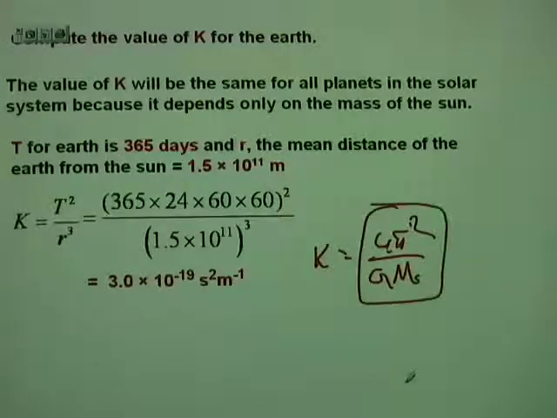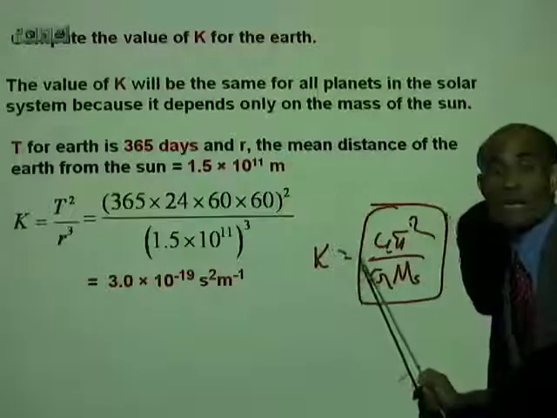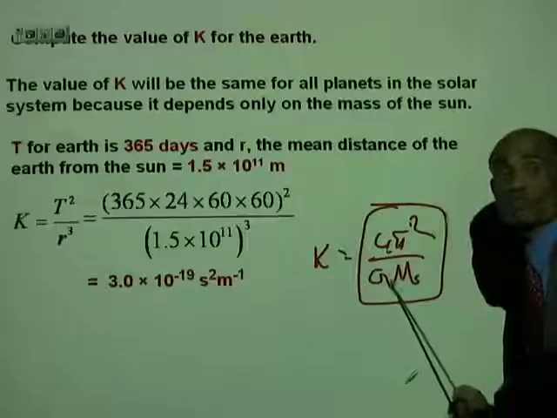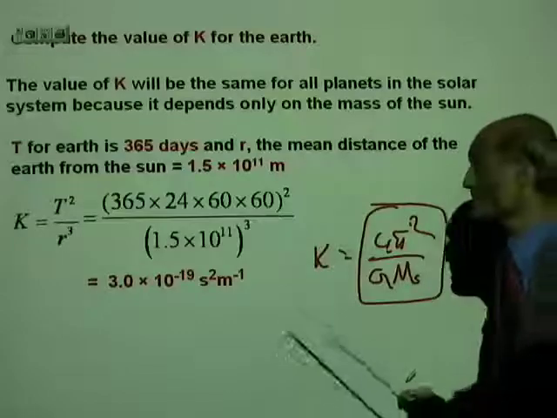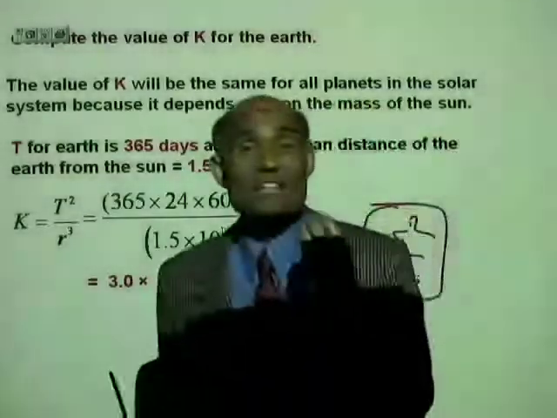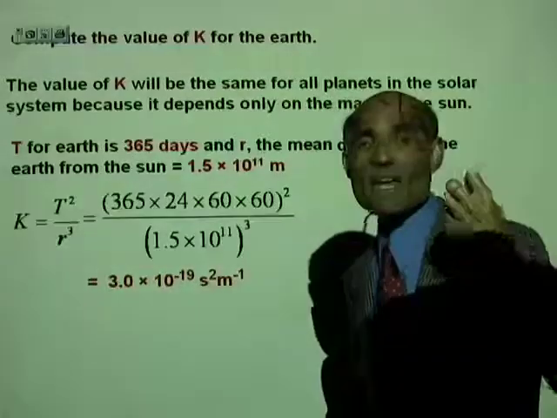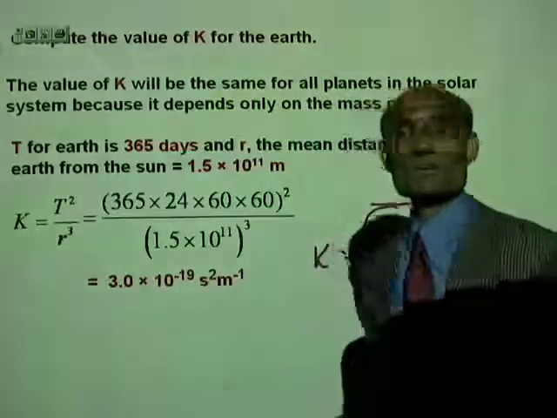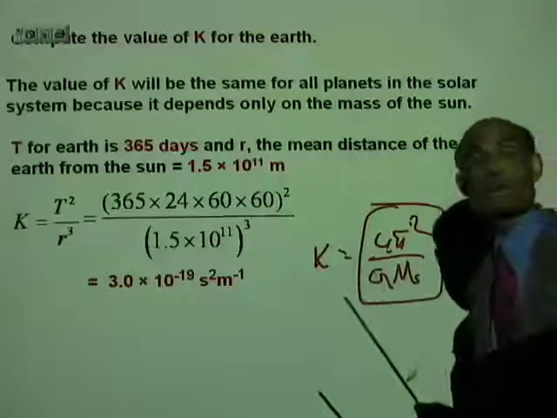Since we calculated the value of K, and since we know the universal gravitational constant, we can now find the mass of the Sun. Without going anywhere near the Sun, we can calculate the mass of the Sun from here.